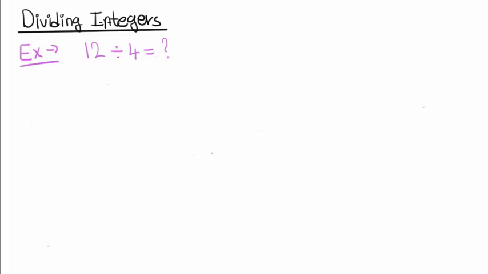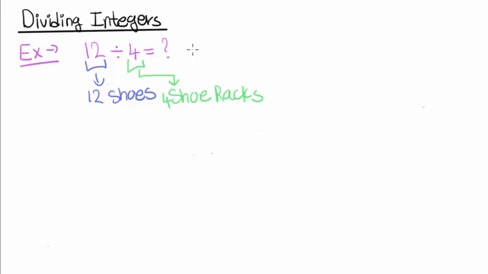So let's get started. If I say I have 12 pairs of shoes that need to be equally divided up into 4 shoe racks, how many shoes will I need to put in each rack such that each rack has an equal number of shoes? So if I have 12 pairs of shoes, and I have 4 shoe racks, how many pairs of shoes will go in each rack?